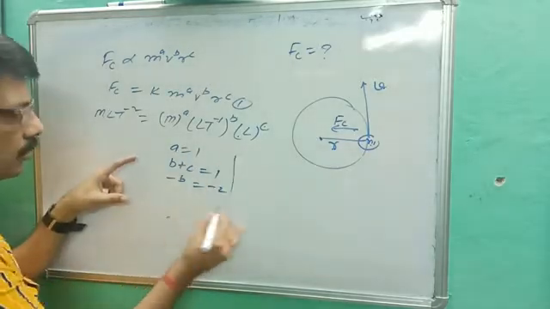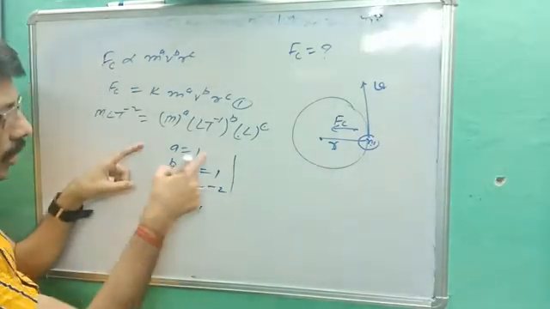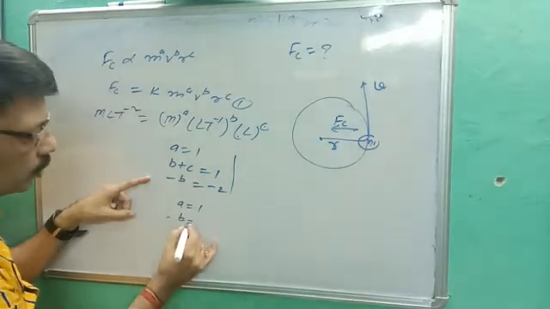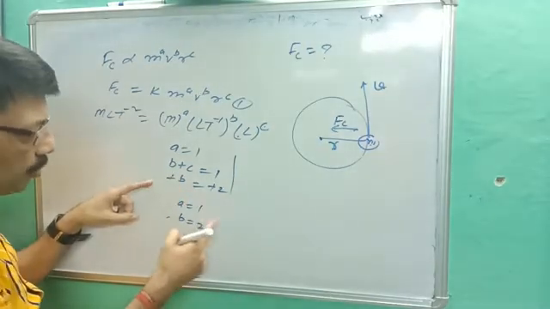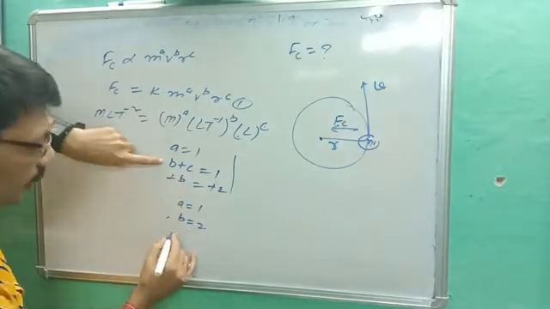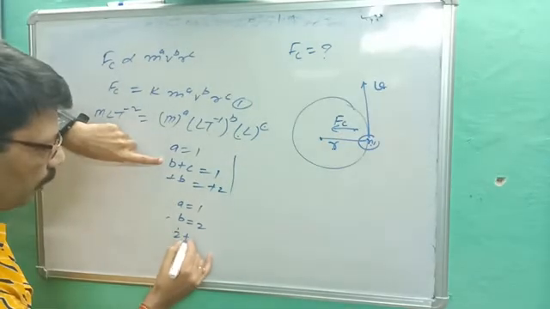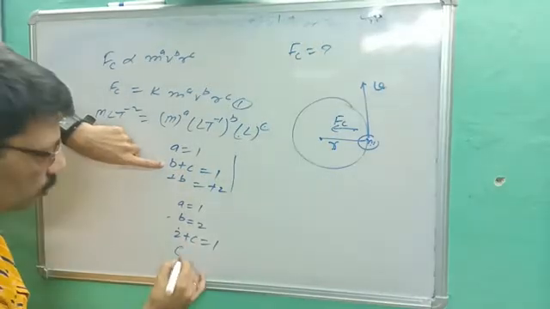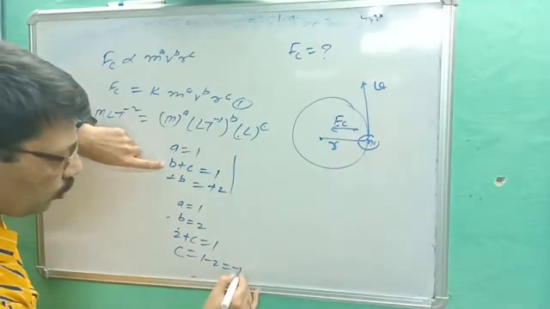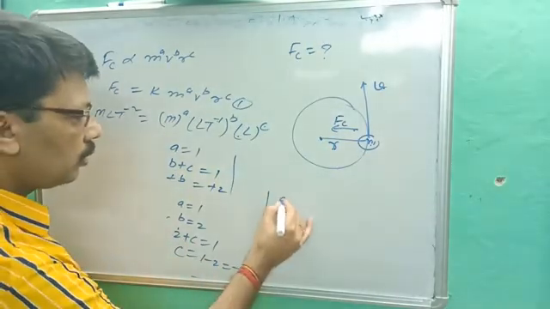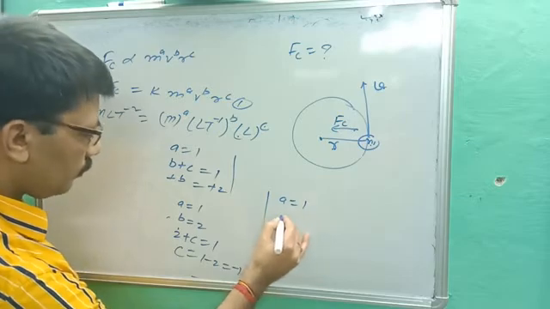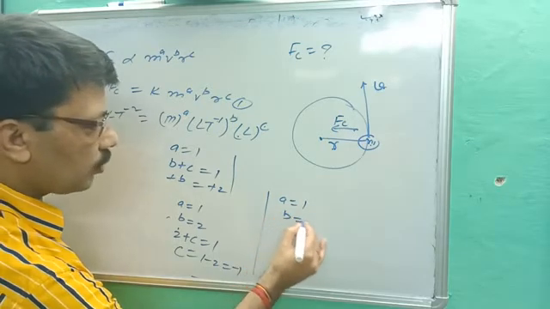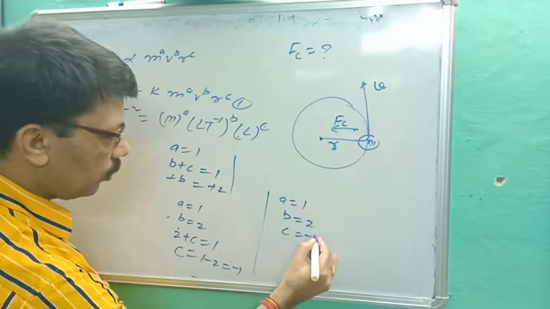Very clear, a is equal to 1, b is equal to 2 because the minus signs will cancel out, and the value of c we can get here: 2 plus c is equal to 1, since b is 2, so c is equal to 1 minus 2, which is minus 1. So the values are a is equal to 1, b is equal to 2, and c is equal to minus 1.